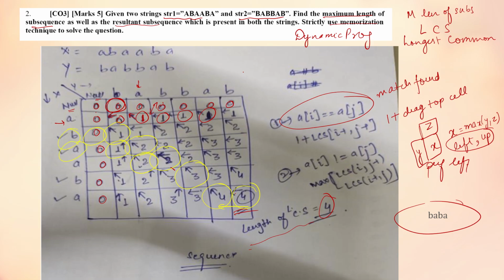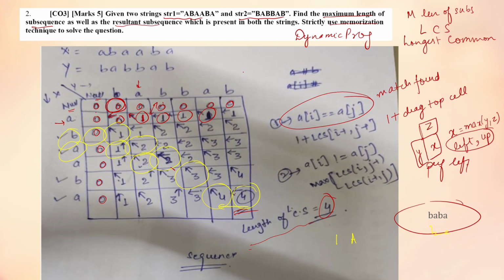So B A, B A. Now basically you start at the bottom right. So you found the letter A, then you moved diagonally up.